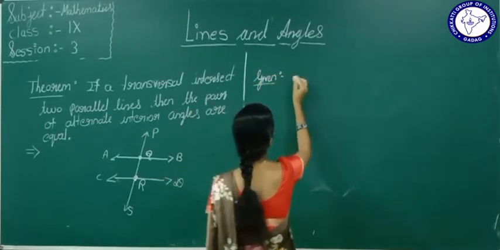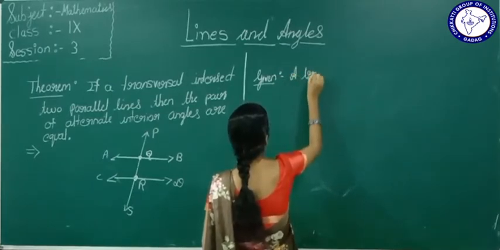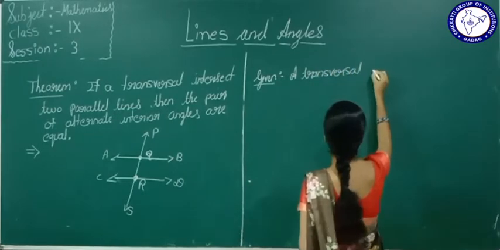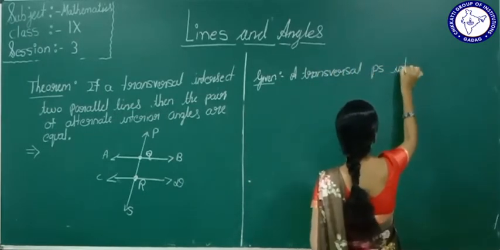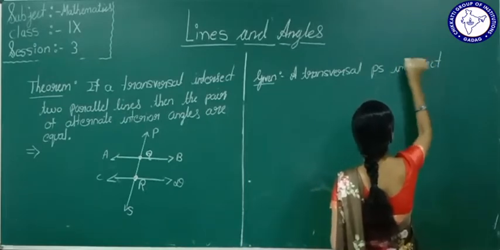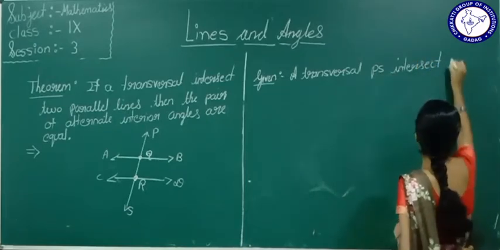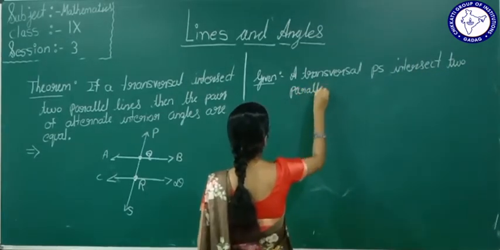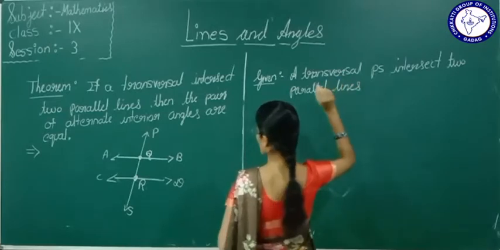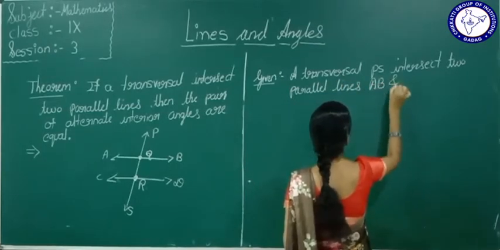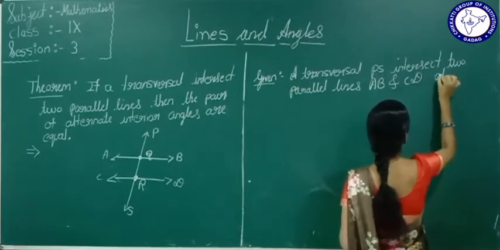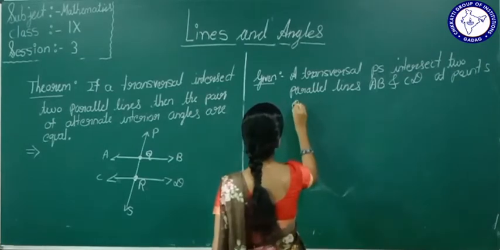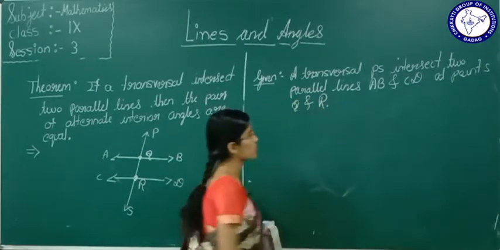Given a transversal PS intersects two parallel lines AB and CD at points Q and R. This much we know.